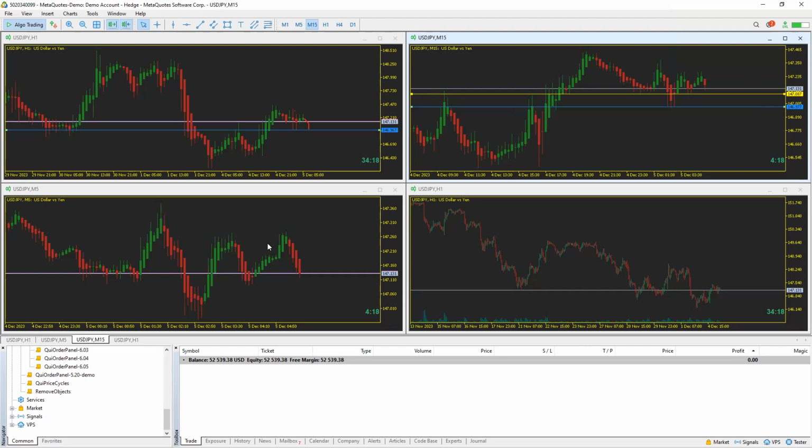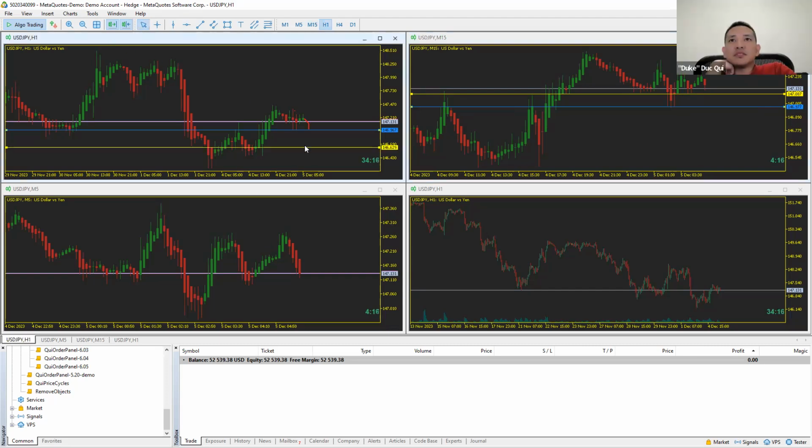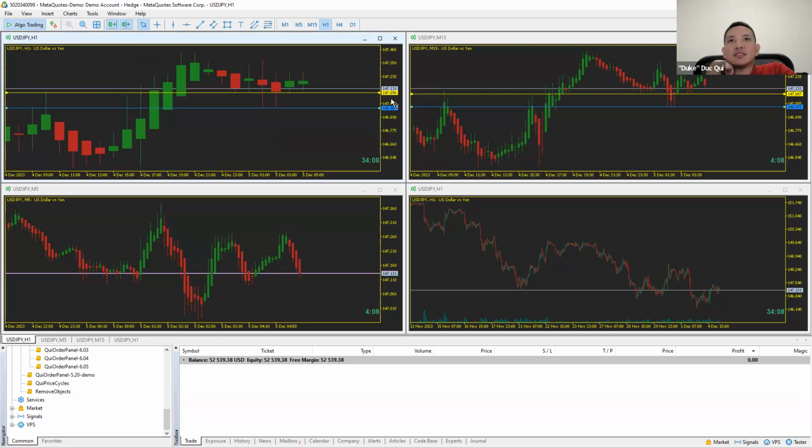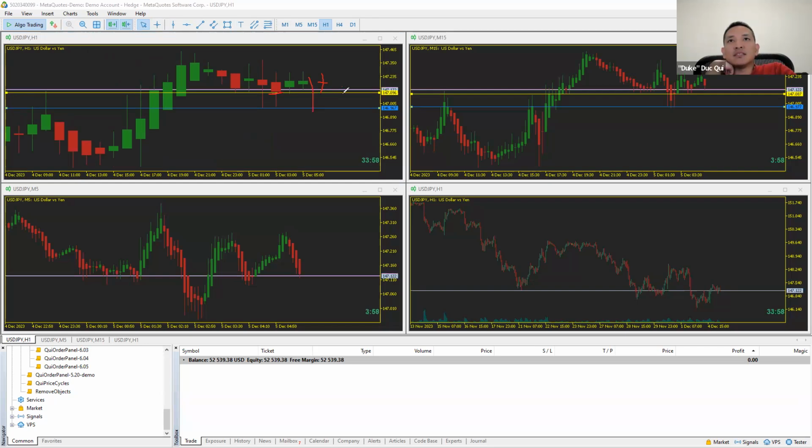It's also your body. Because the moment it crosses this, I can't seem to make it higher. The moment it crosses the body, this becomes a red doji. And the moment it comes down to here, it becomes like this weak sell.